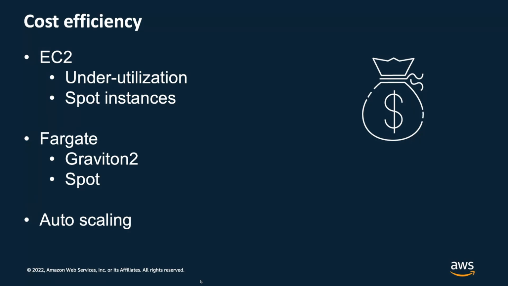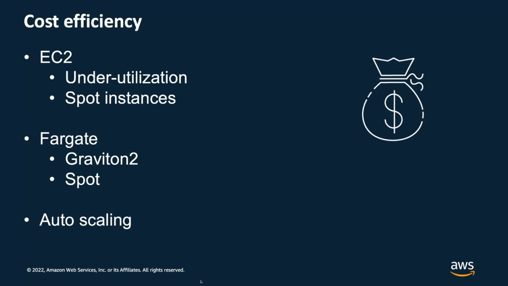But if you're using Fargate, there's also benefits here from a cost perspective. One, you don't have to worry or think about the EC2 utilization component. And two, Fargate also has an option to run on spot. In the Fargate spot model, customers can save up to 70%.